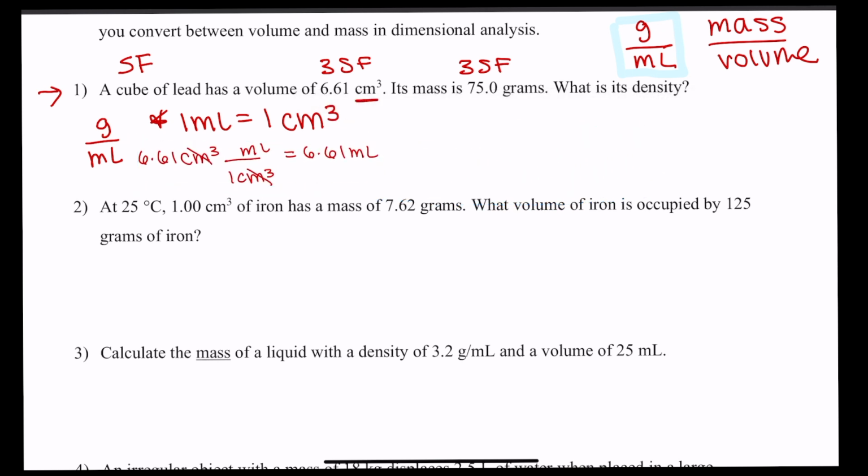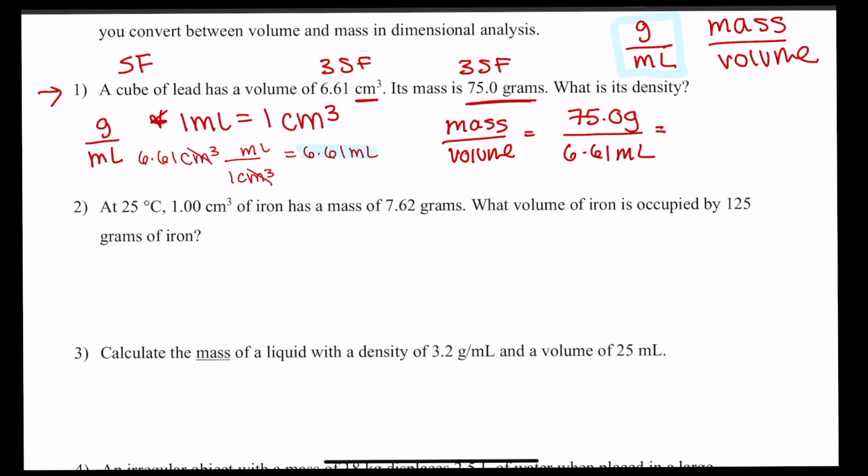Okay, now we're given the volume in milliliters, and now let's find the density. So we're given the grams, which is 75.0. So I know it's mass over volume. So the given mass here is 75.0 grams over 6.61 milliliters.